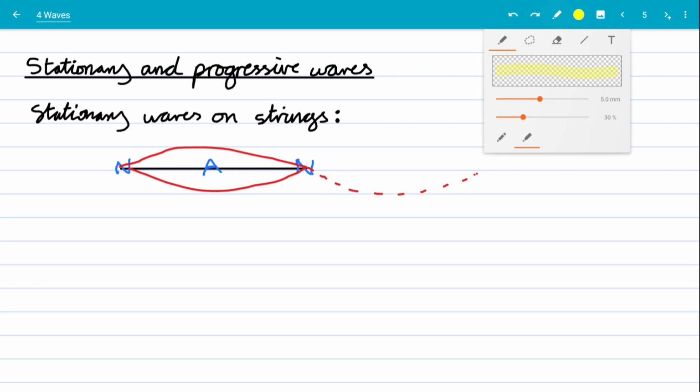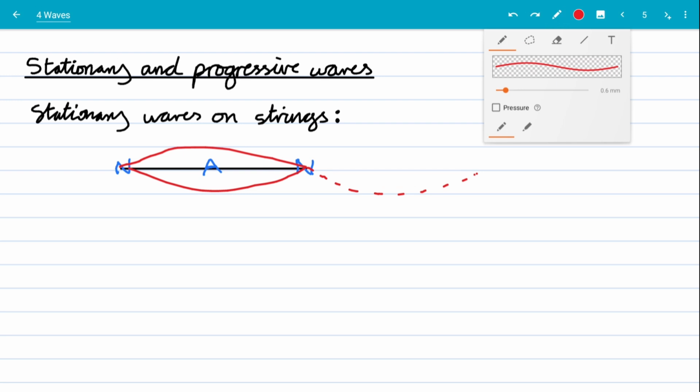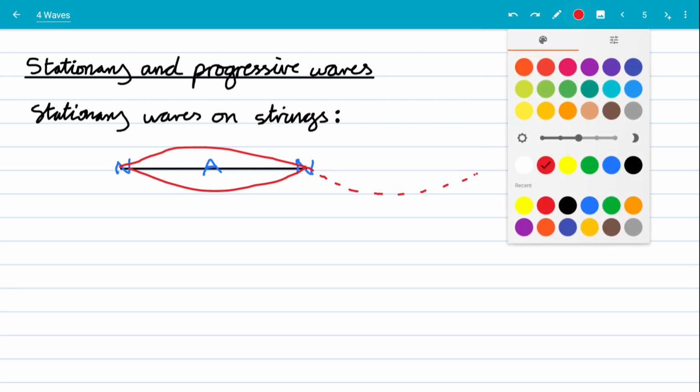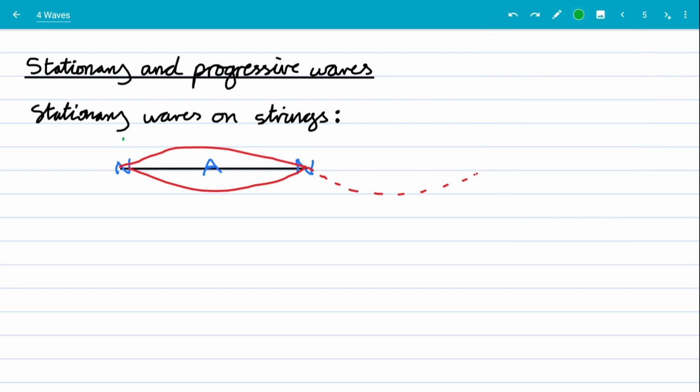Well, in that case, what we have is one wavelength in length from this first node all the way over to there. That is one complete wavelength. The pen stopped working partway along, so let's try that again. That is a length of one wavelength.